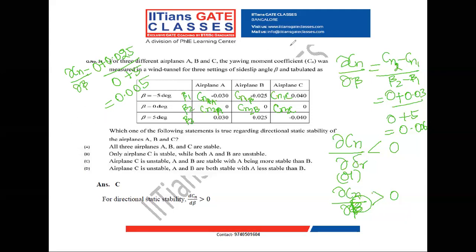That is, airplane A is stable and airplane B is also stable. Now we will see airplane C.